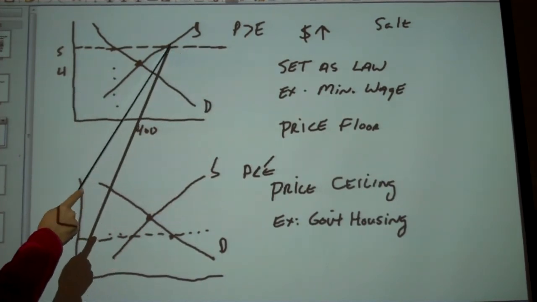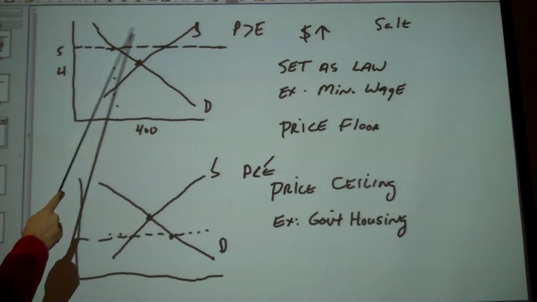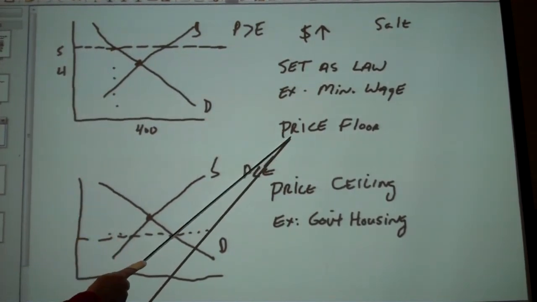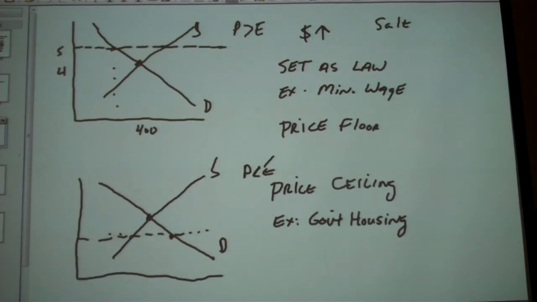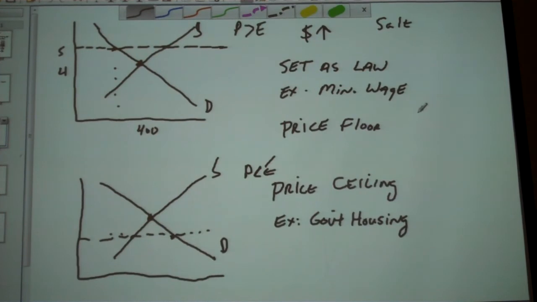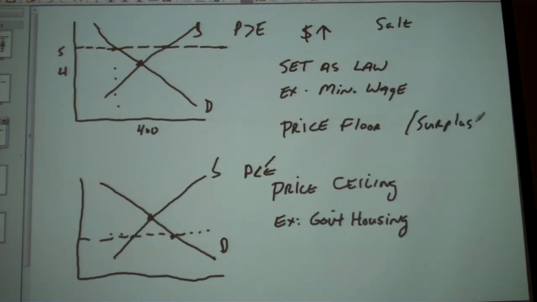With the minimum wage, you'll have more people wanting to work at a minimum wage than businesses wanting to hire. It's an example of a price floor by government. We also should add the term surplus. And you will just have to analyze your business to make that decision. You might also see this on an exam.